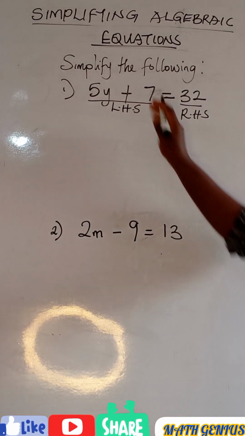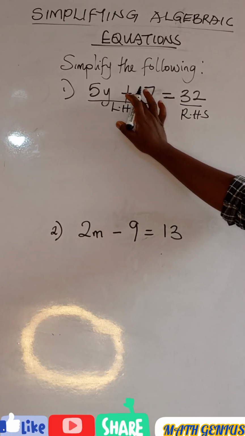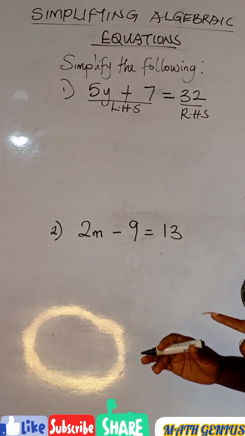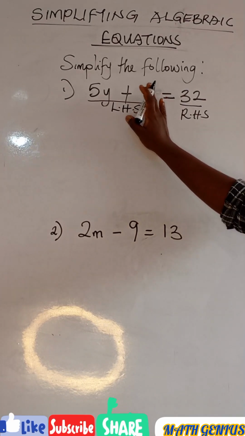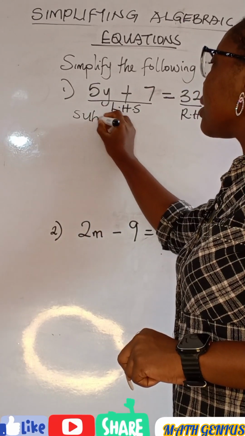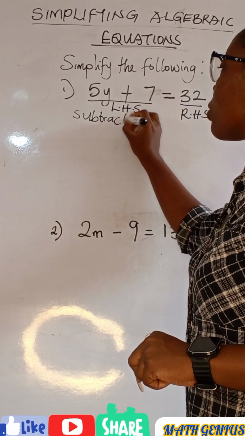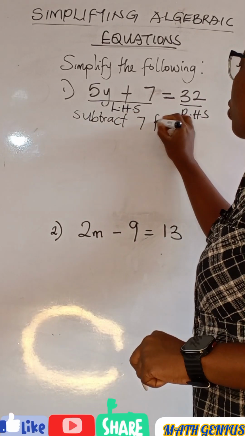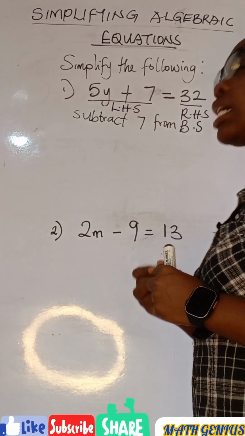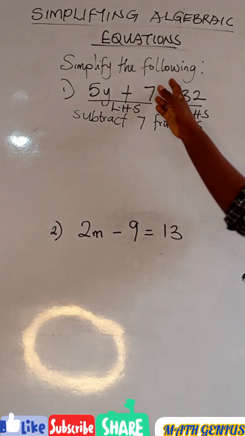First of all, because of this operation plus, the opposite of plus is subtraction. For us to eliminate 7, we have to first of all subtract 7 from both sides. BS means both sides. Subtract 7 from both sides.